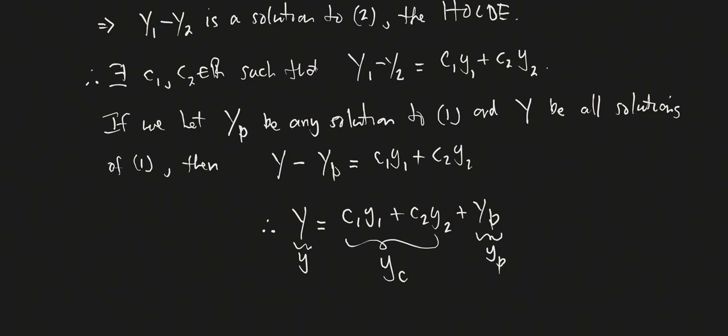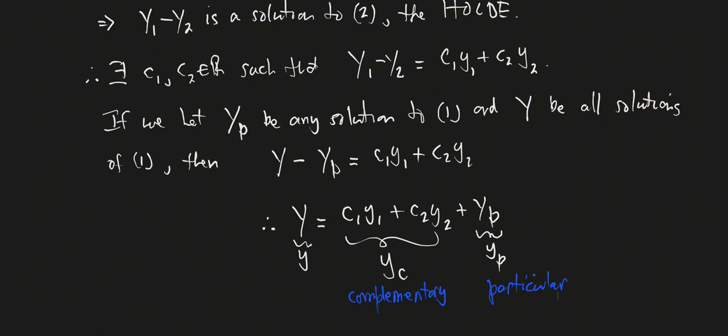Y sub c is referred to as the complementary function. So complementary, maybe it gives you a lot of compliments. No, it's a helping function. It's a part of the solution, and then this is called the particular function or particular solution, right?